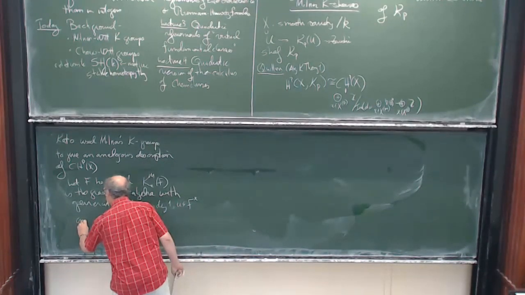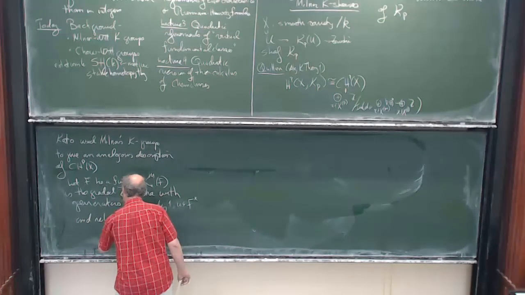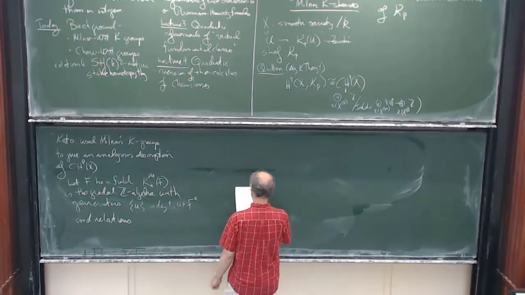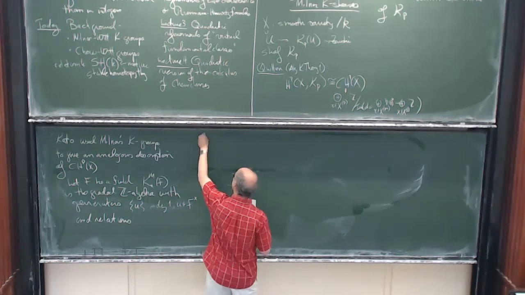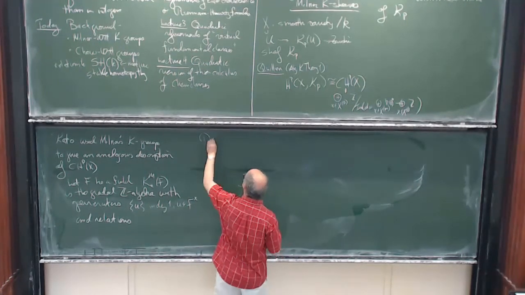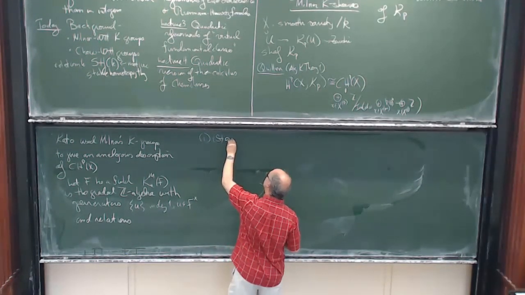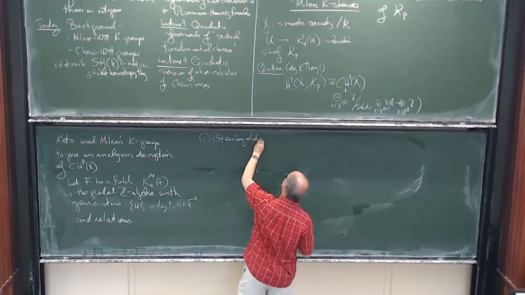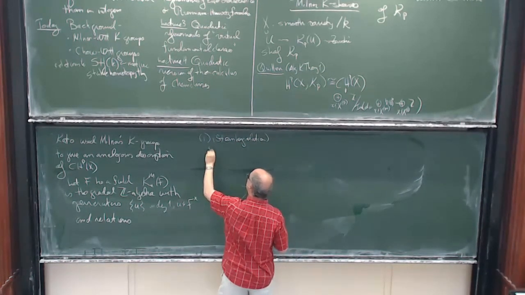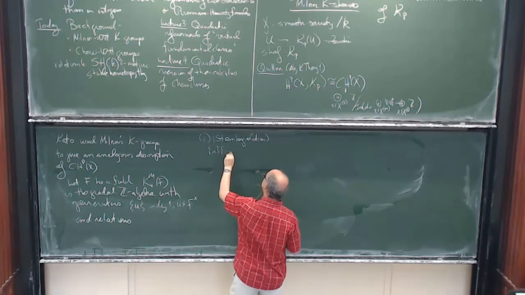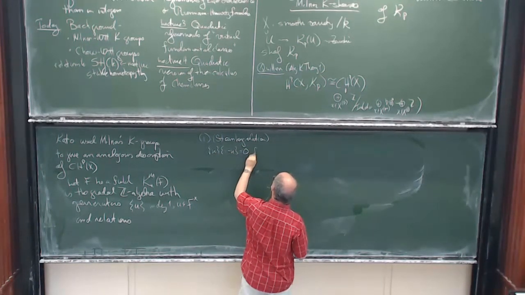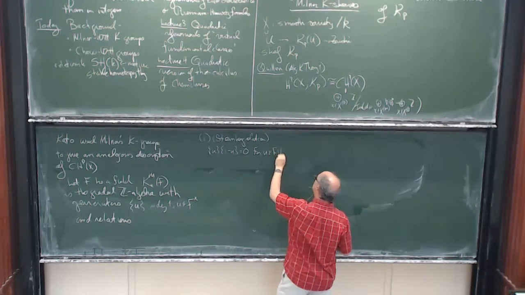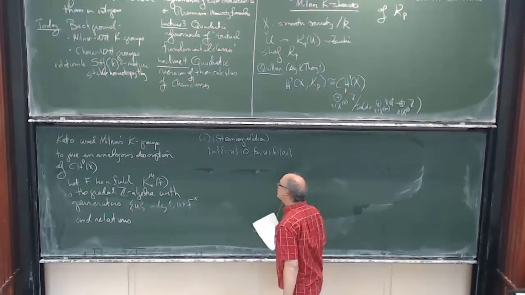And relations as follows. Let me just first give the funny one. You have the Steinberg relation: if you multiply {u} with {1 minus u}, you get 0. Both have to make sense, so u has to be not equal to 0 or 1 in the field.